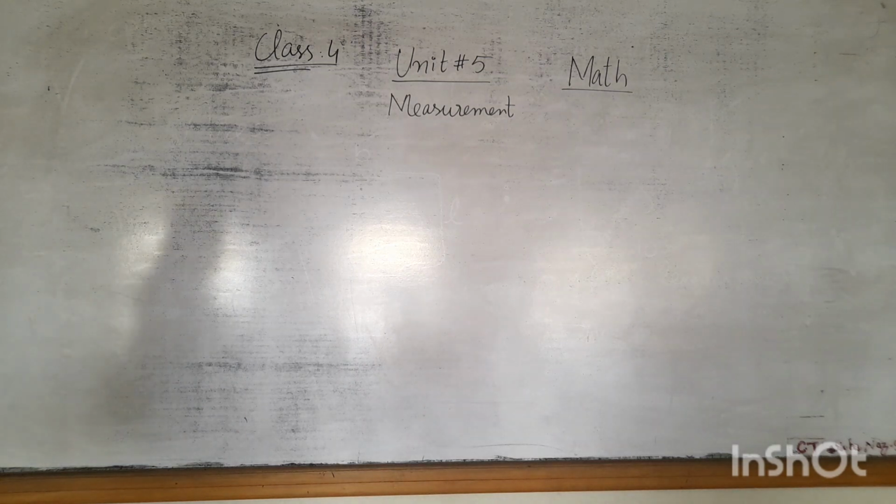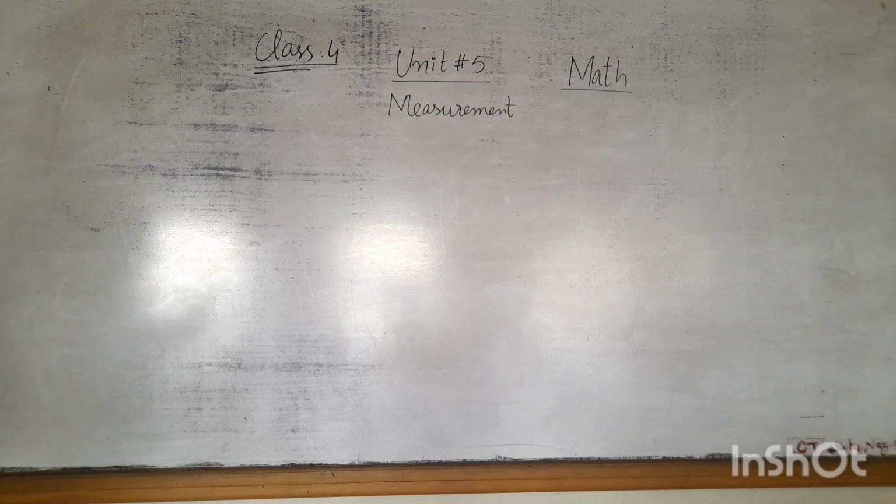Previously we learned that length is a measure of how long something is. The most commonly used units of length are meter, centimeter and kilometer. We must use an appropriate unit for measuring length of different objects. For example, the length of a rectangular table can be measured in meters.